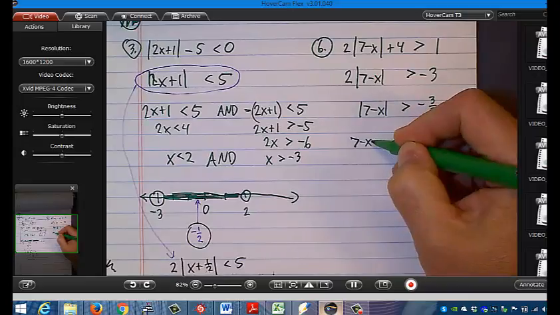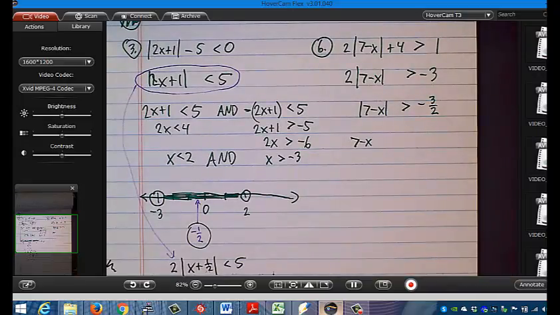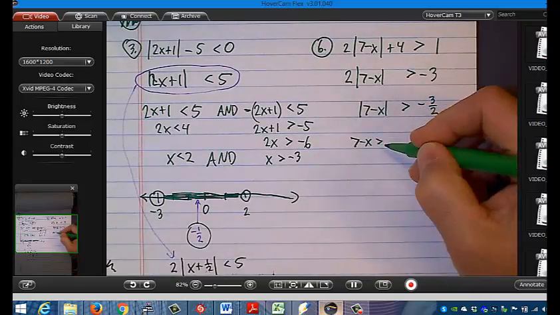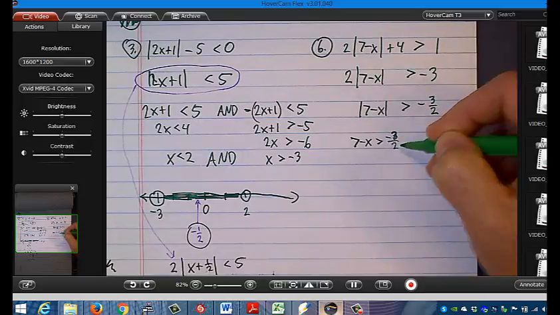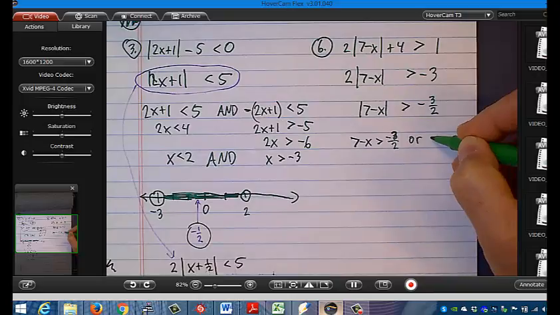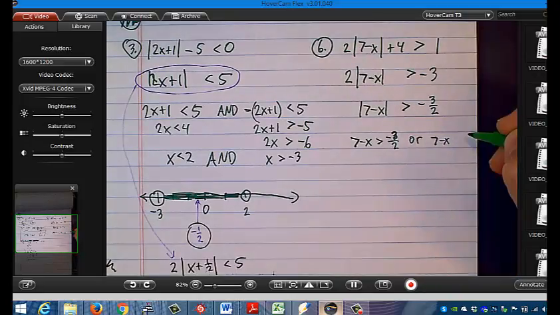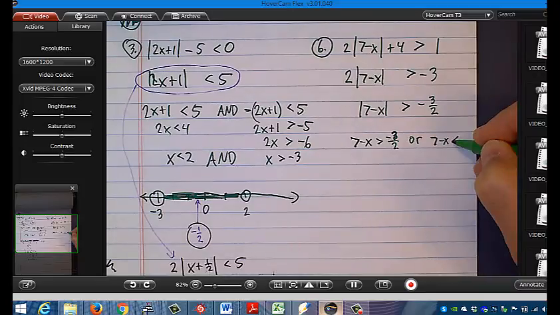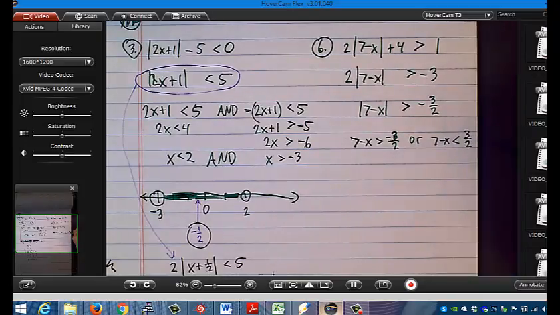7 minus x is greater than negative 3 halves. Should I use and or or here? Or 7 minus x is less than 3 halves. That's what you guys are going to tell me? Okay.